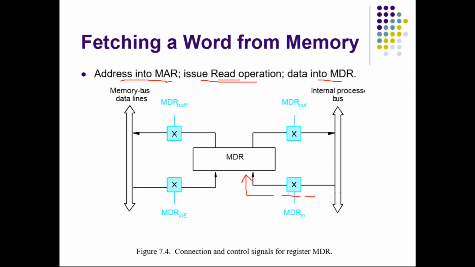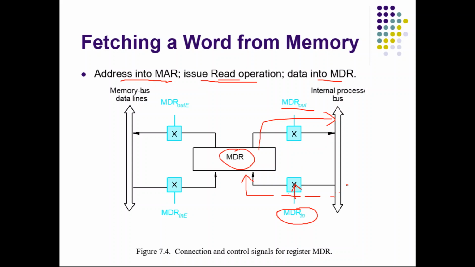This is done through MDR in. If MDR in is activated, then the data from the internal bus will go to MDR. Similarly, if MDR out is activated, then the data stored in MDR will go to the internal bus.